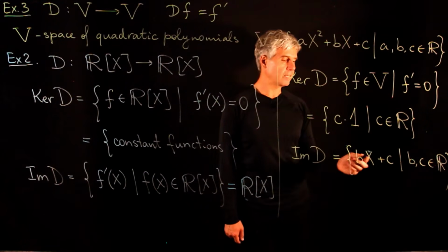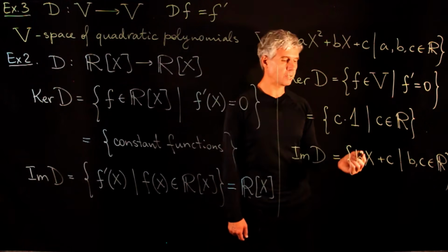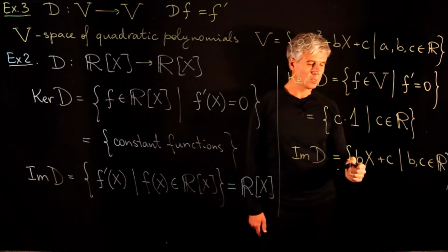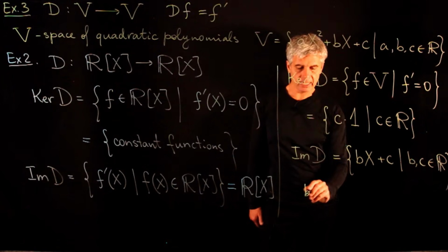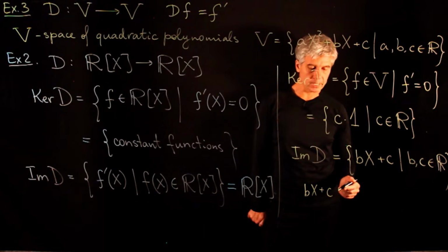So here, clearly, any polynomial of this form has an antiderivative in this set. So this means that we can write bx plus c as the image of some other polynomial.